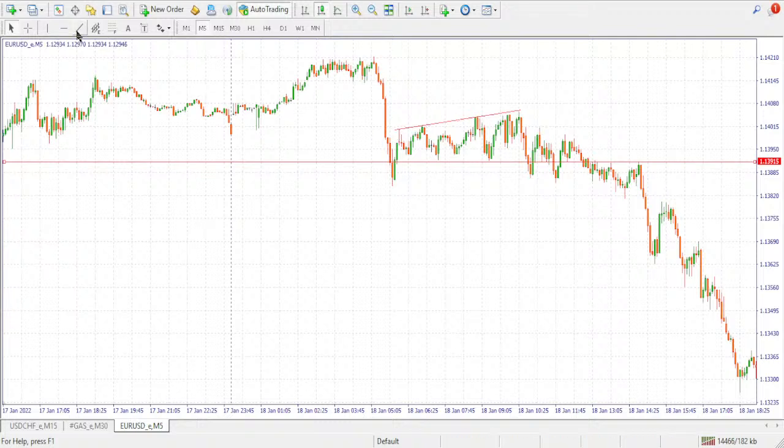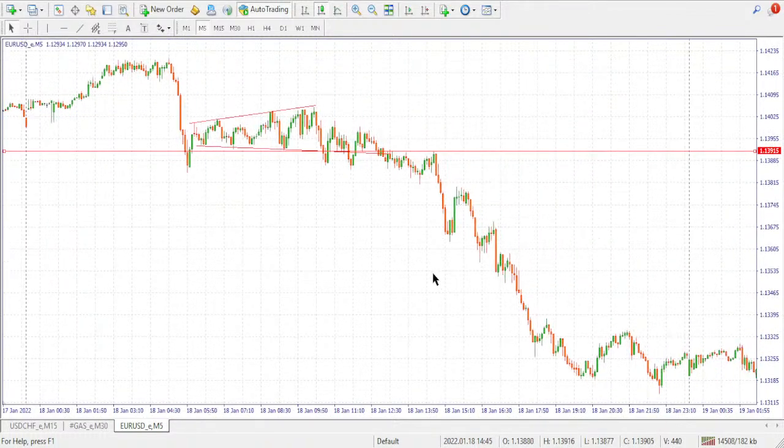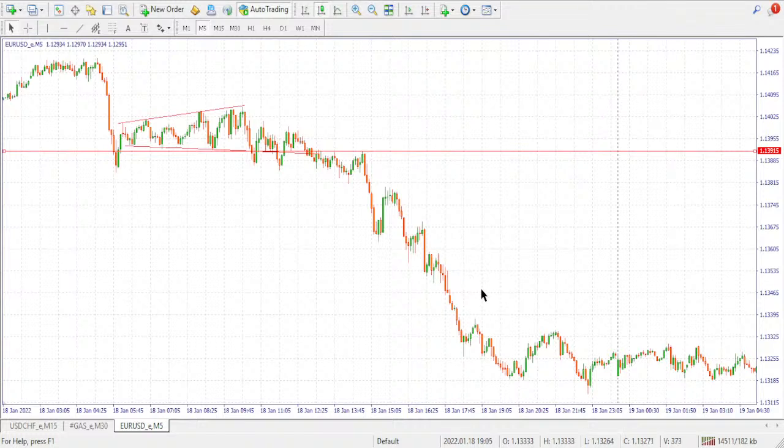Look at that. In this case it actually formed an expanding wedge formation. We have a resistance here and a support here. There is this breakout which happened. If you could have sold it there, you could have had your stop loss here. The price eventually went our way. There was no pattern which formed other than the one we had here.